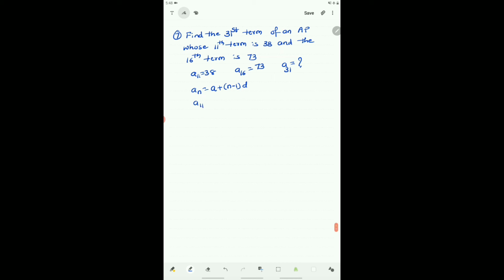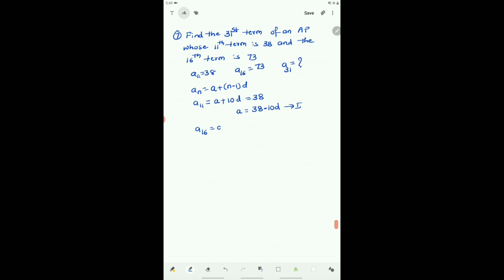Here A11 is given. A11 means A plus N minus 1, that is 11 minus 1, that is 10D is equals to 38. Then you write A is equals to 38 minus 10d. Consider this as the first relation. Then A16.